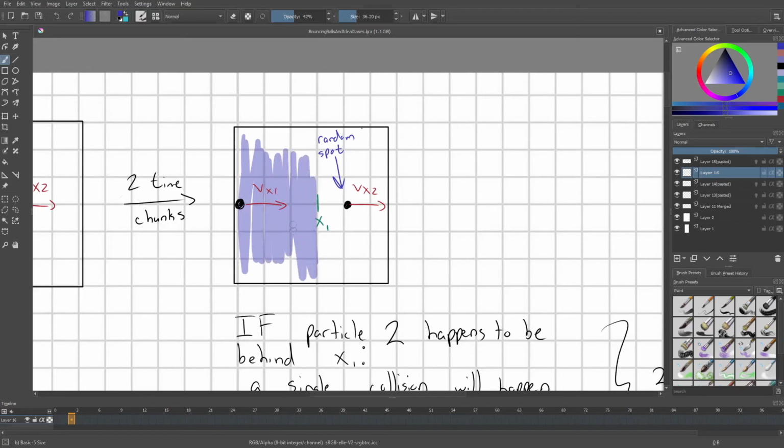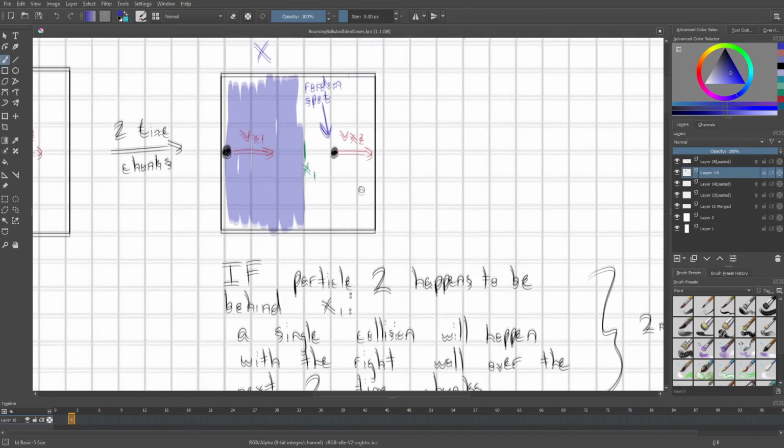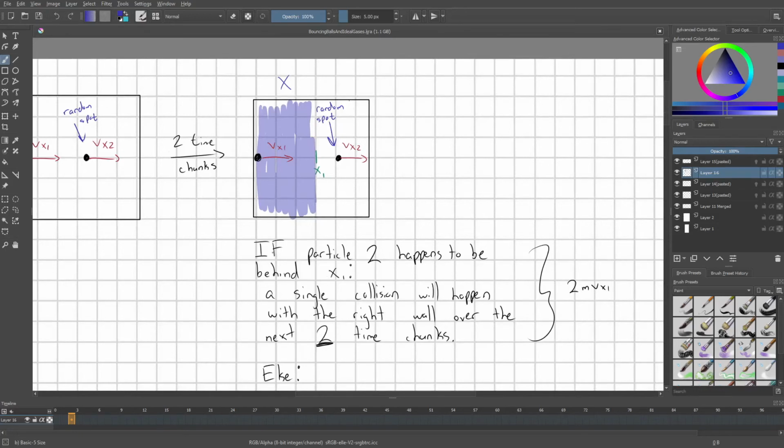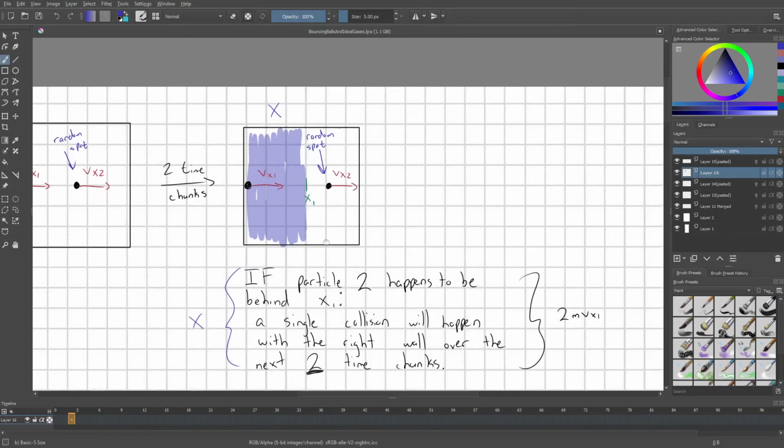And in this picture, this looks like it would occur about 60% of the time. Let's go ahead and call this situation X. If my particle happened to land before X1, oh, what do you know? I already said exactly what would happen. A single collision would happen. So we have some X fraction of our setups that are going to result in the single collision. Okay?